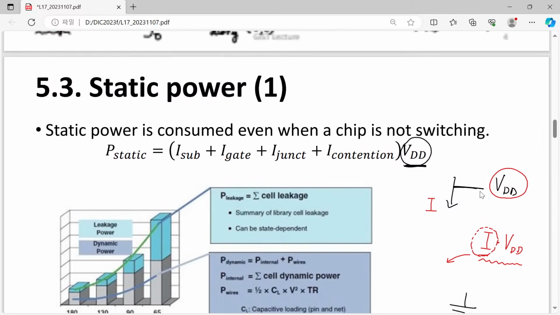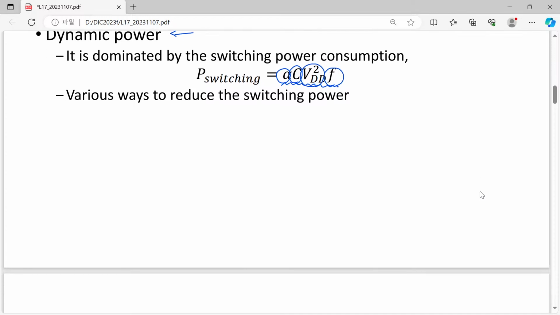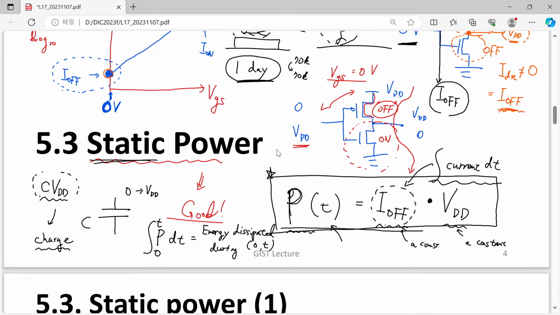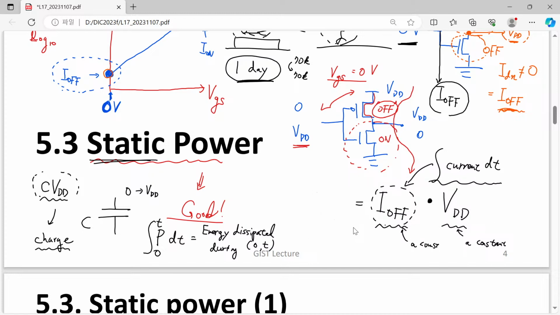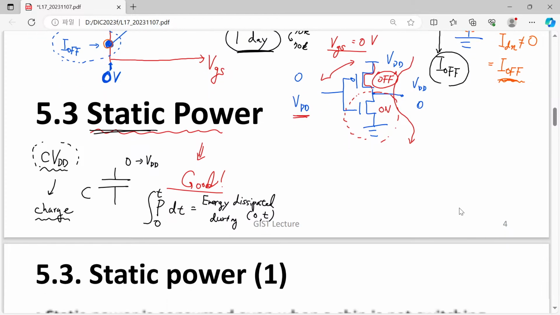In the case of our CMOS circuit, when our circuit is in the steady state, some of the transistors are turned on and some are turned off. It is quite obvious. Here you are looking at two different cases.